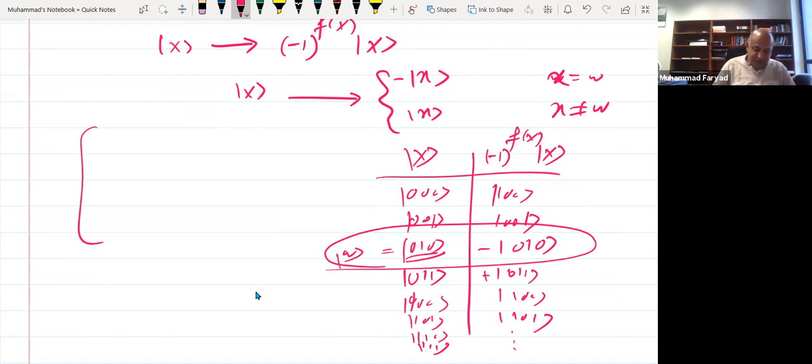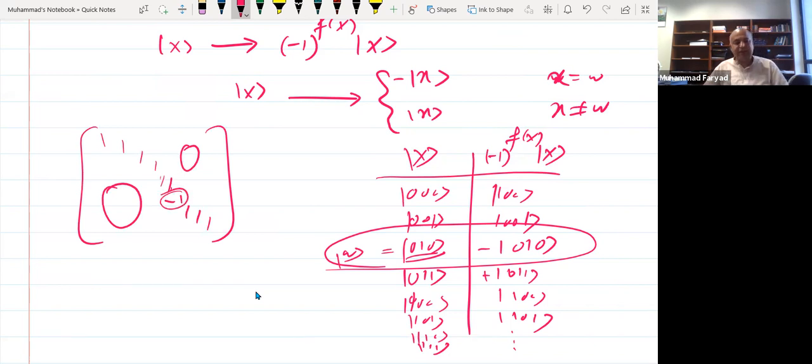For example, this is a matrix that is otherwise an identity matrix, except that one diagonal element has a -1, so that when you multiply with the corresponding vector, only that one gets a minus sign, and for all other inputs you get the same as output.